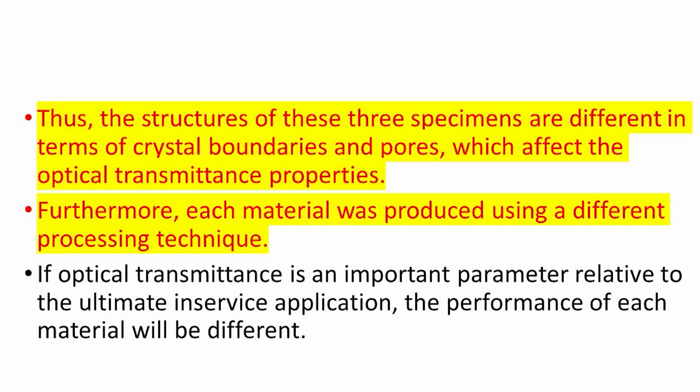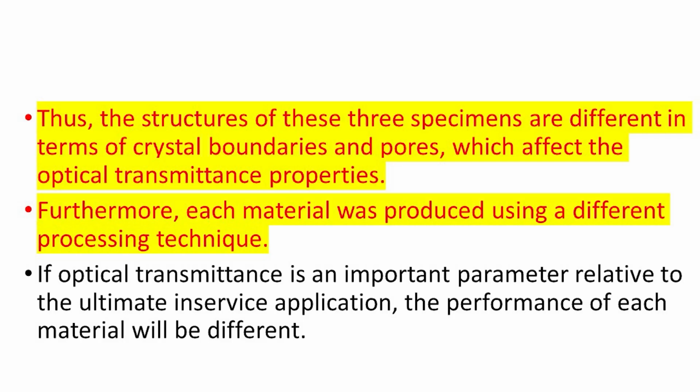Thus, the structures of these three specimens are different in terms of the crystal boundaries and pores, which affect the optical transmission properties greatly. Furthermore, each material was produced using a different processing technique. Once again, these three disks are the same material, but different processing methods. So apparently we can get very different products.